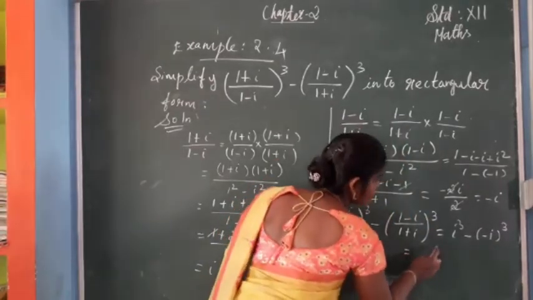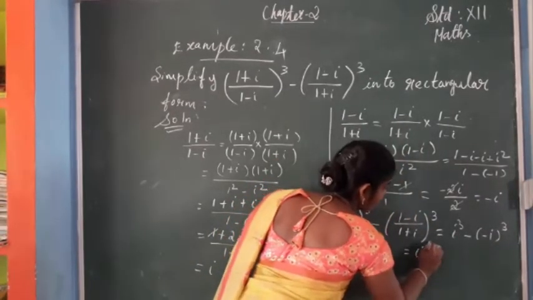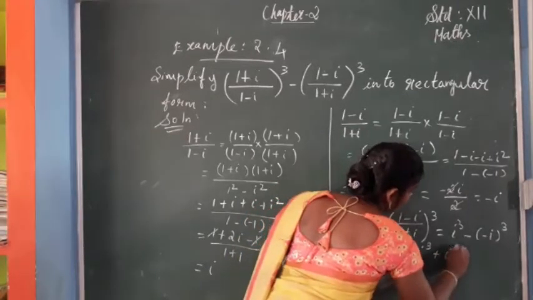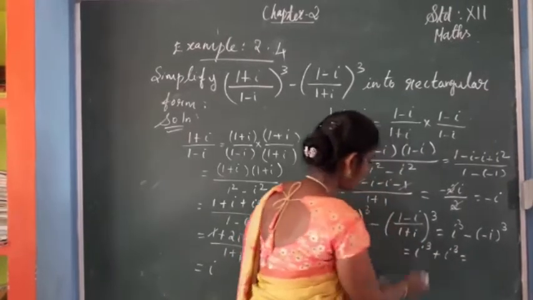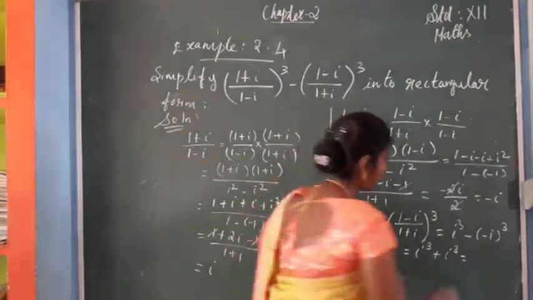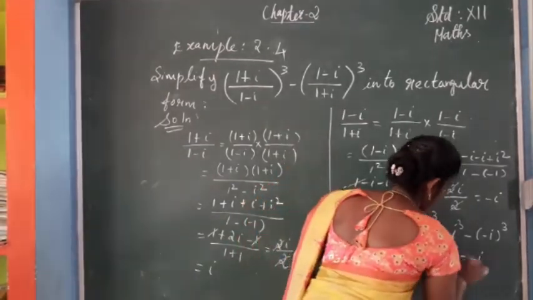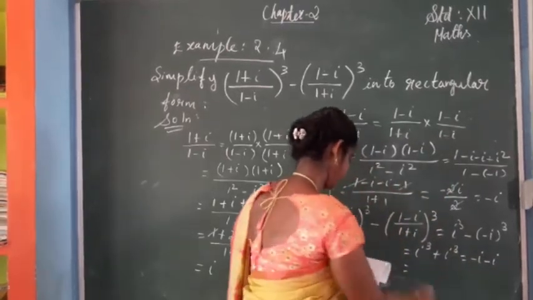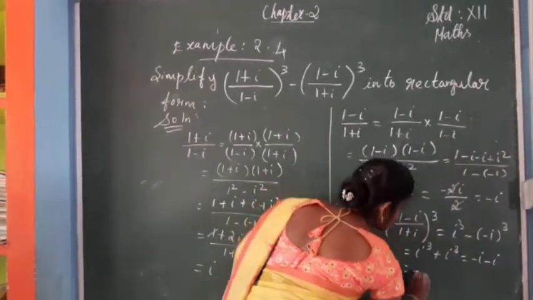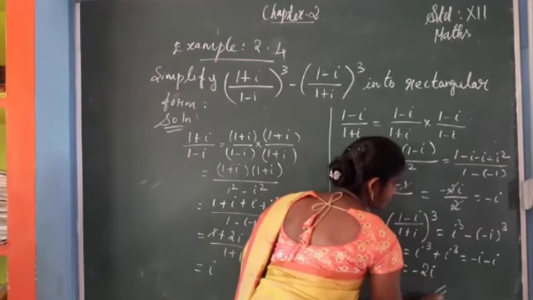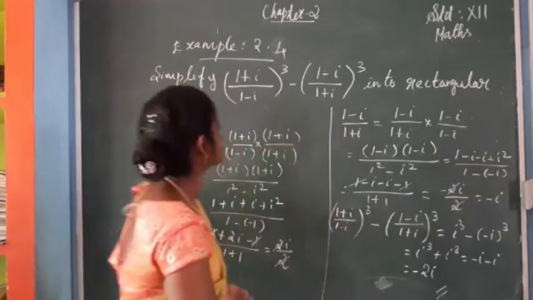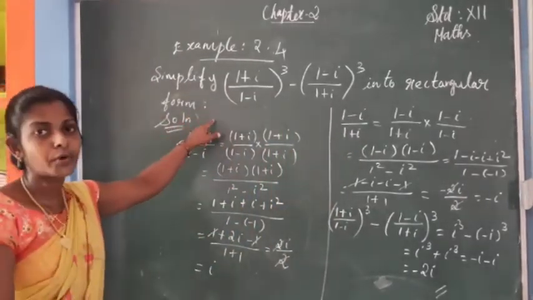That's equal to i cube, minus into minus, plus i cube. The i cube value is minus i, here also i cube value is minus i, that's equal to minus 2i. So this is the answer, minus 2i, for example 2.4.